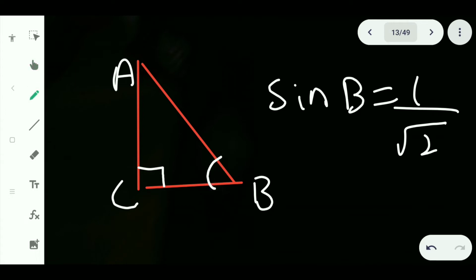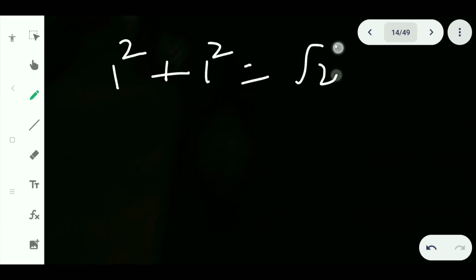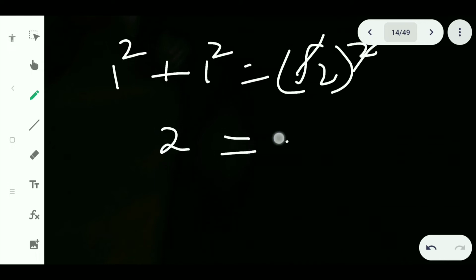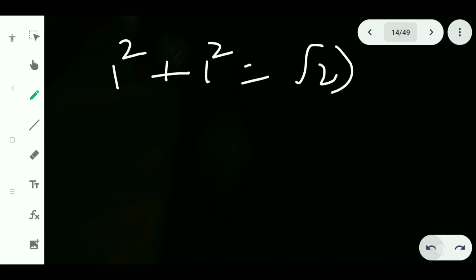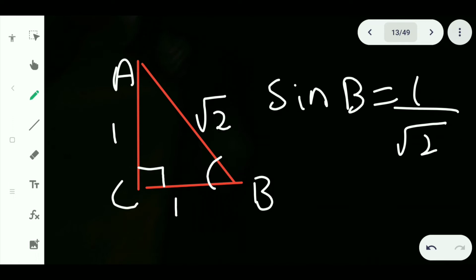Opposite is 1 and hypotenuse is root 2. And this also will be definitely 1 by Pythagoras theorem. You can check 1 square plus 1 square is equal to root 2 whole square. So 2 is equal to 2. So by Pythagoras theorem, this condition is satisfying. 1, 1 and root 2 are the sides of the triangle.